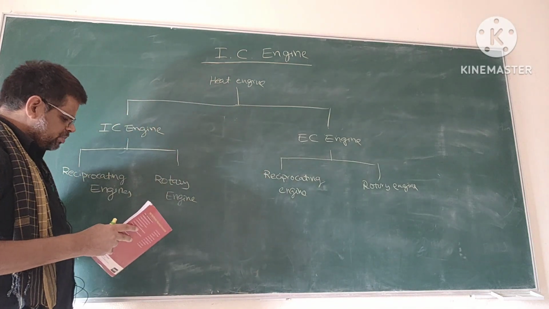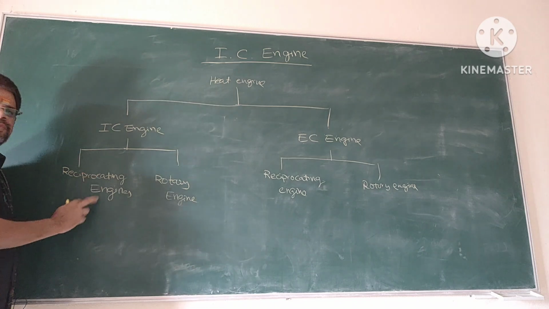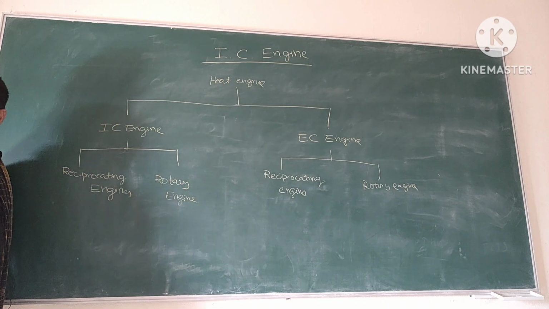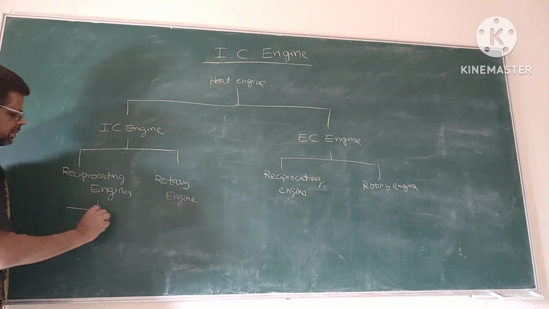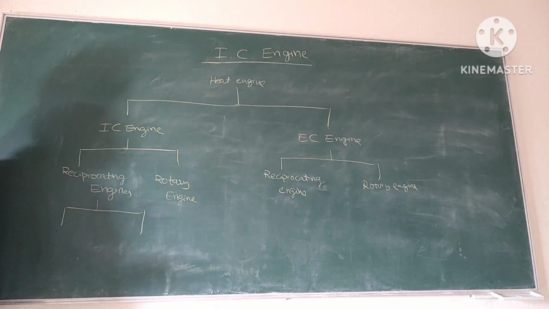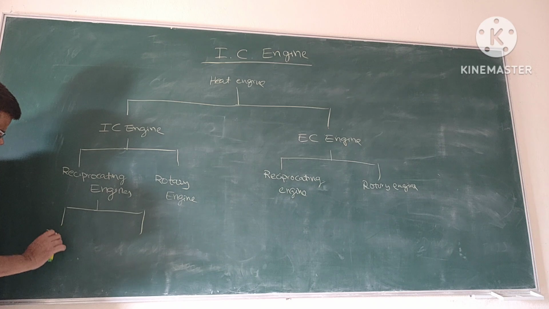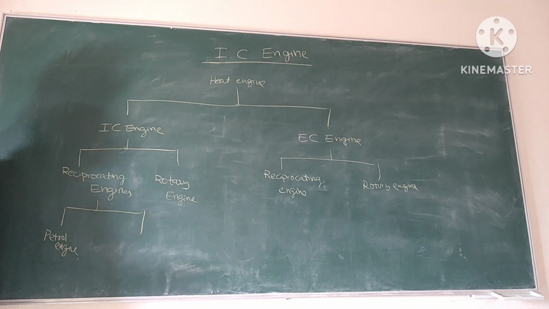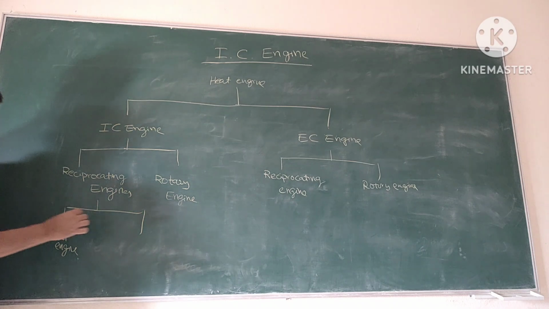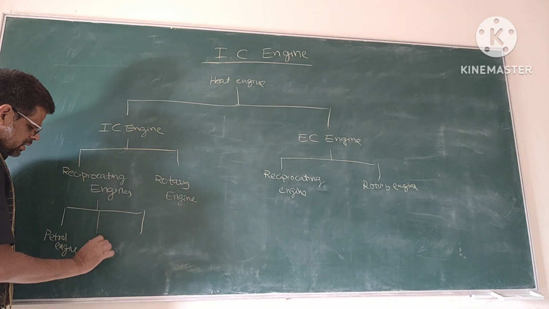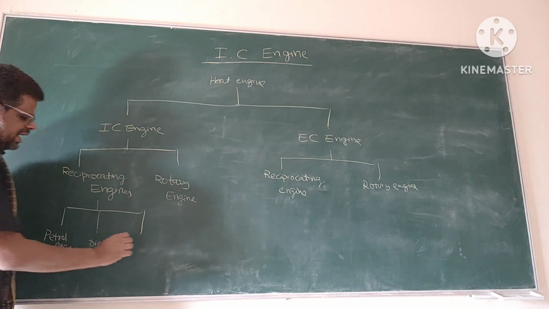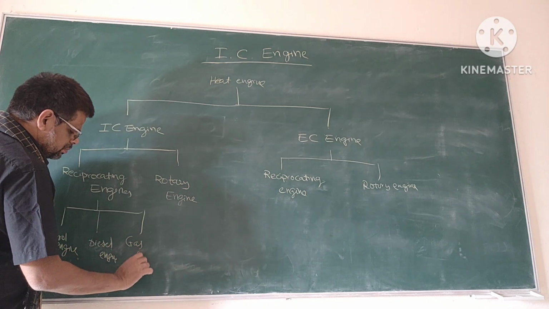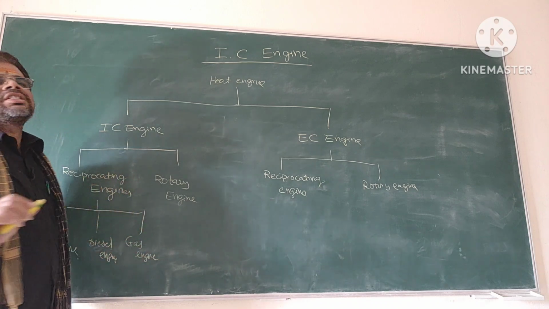Now let us see examples of reciprocating engines in IC engines. Depending on the fuel used, the first one is the petrol engine, in which the fuel is petrol, the diesel engine, in which the fuel is diesel, and gas engines, in which the fuel is gas.